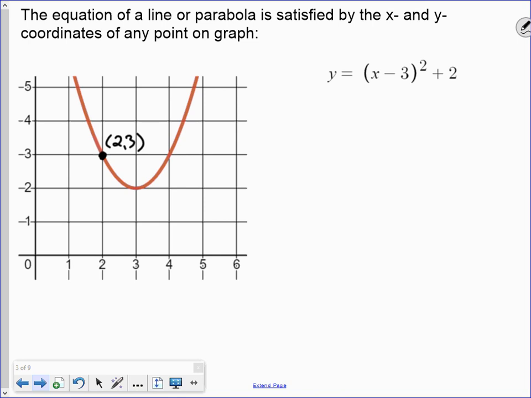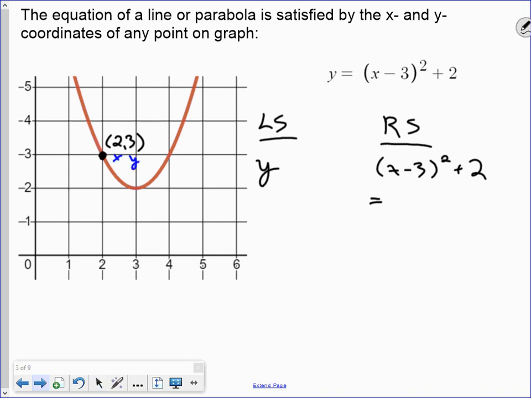So for instance, if I take my point 2, 3 and the equation of my parabola, y equals (x minus 3) squared plus 2, and I do a left side, right side check, I sub in my values for x and y.